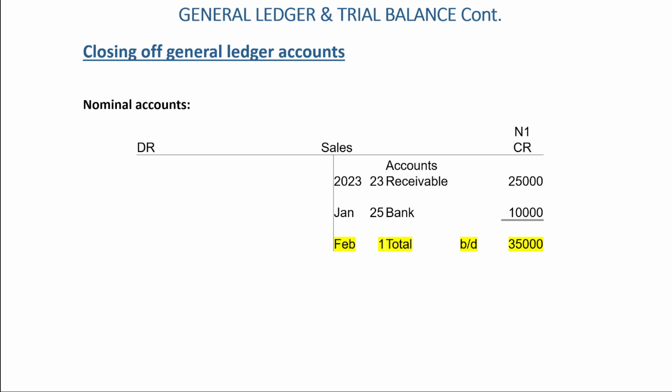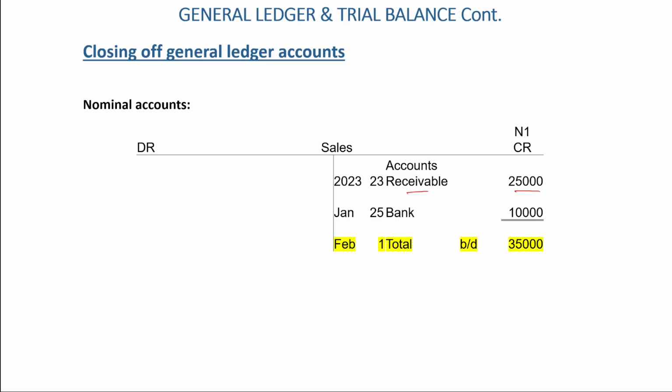On the sales account, it will only indicate all the sales that have happened during the year. So on January 23, 2023, we sold stock on credit to our customer, which is account receivable, for 25,000. So sales will increase by 25,000.